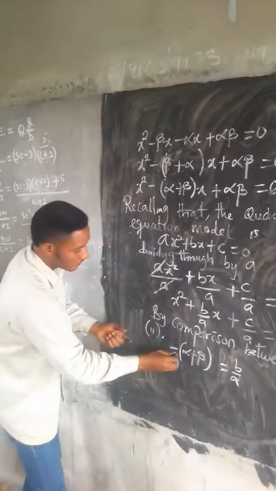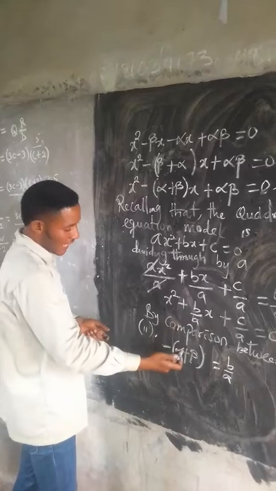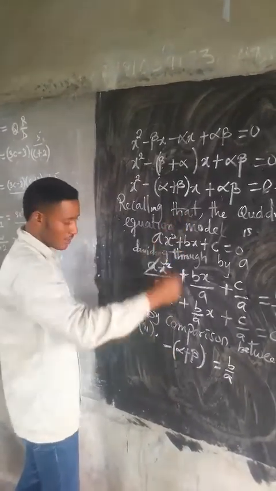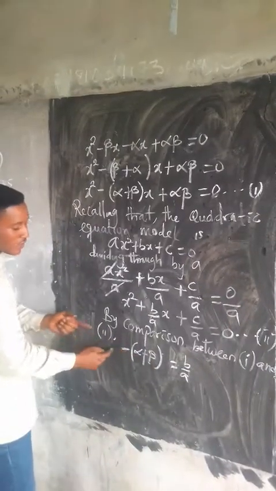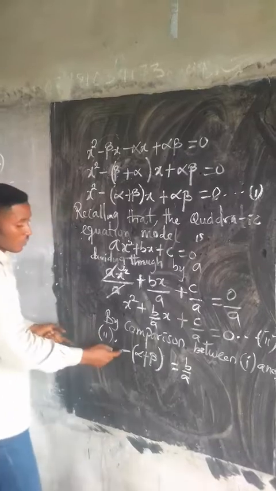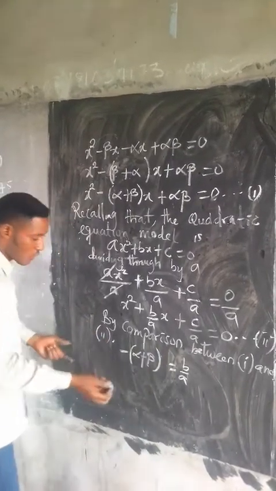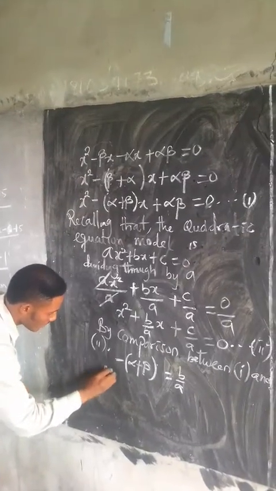Now from here, since we are looking for alpha plus beta, by looking at the sign, we have a negative sign. Now we need to eliminate that. To do so, we multiply the whole equation through by minus 1.